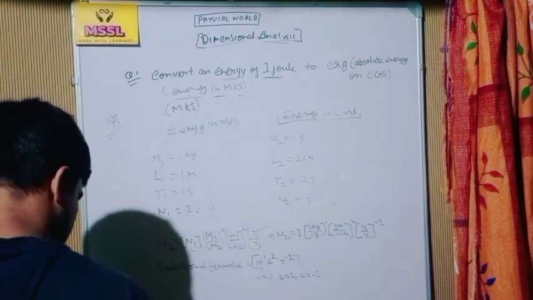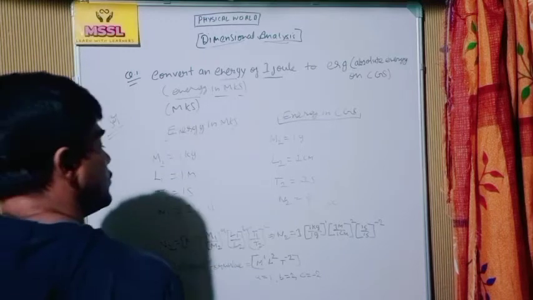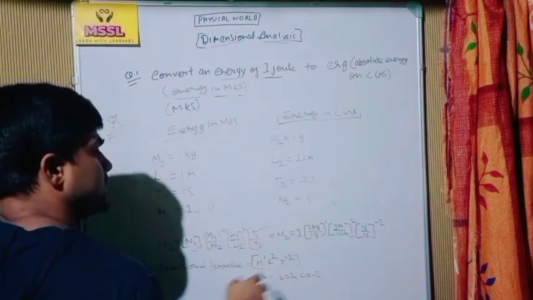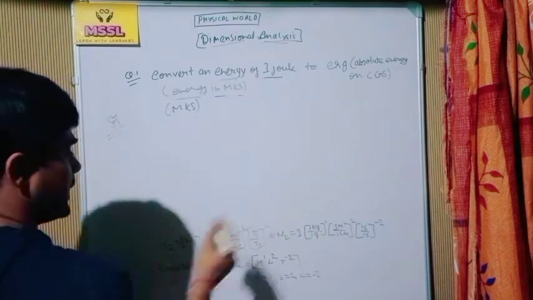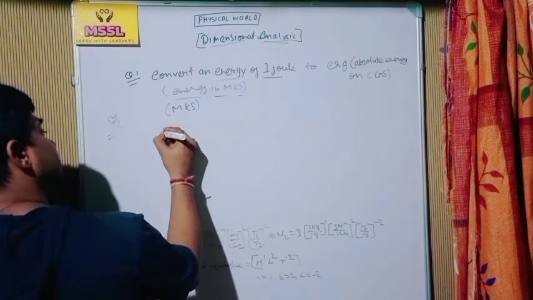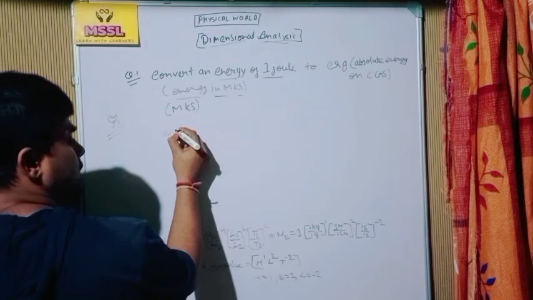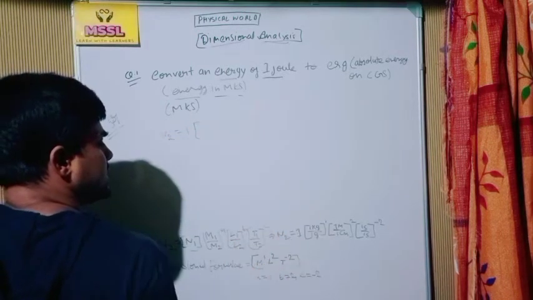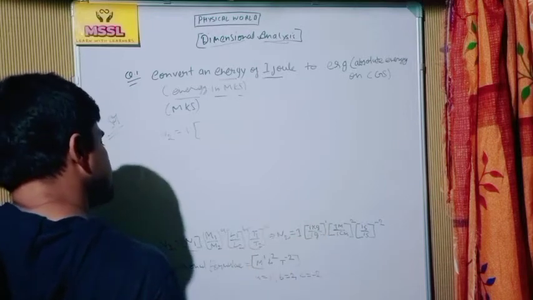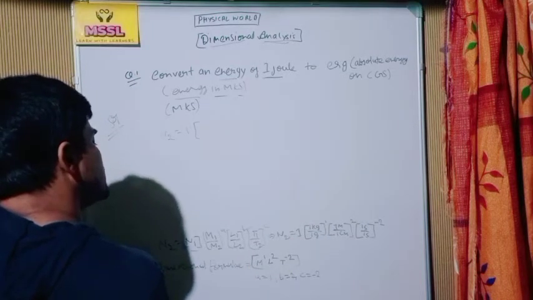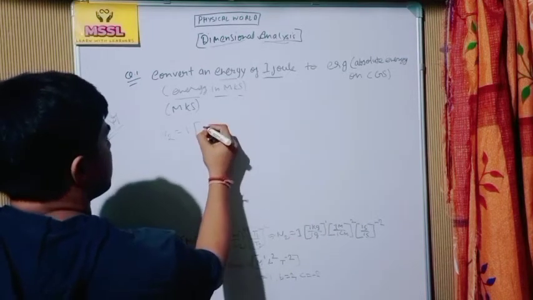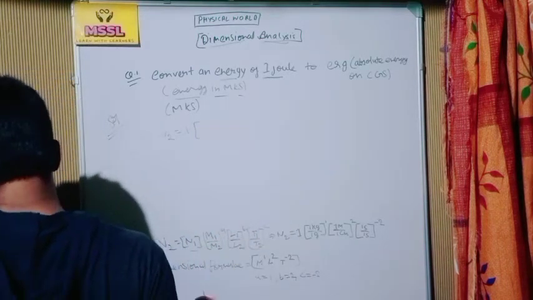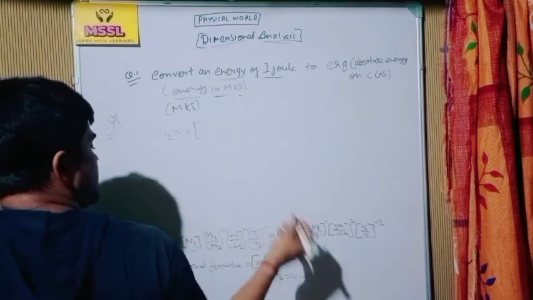So we'll move to the next step. Here we can write N2 equals 1 into, can we convert this to the same unit? 1 kg is 1000 gram, so we can write that also.